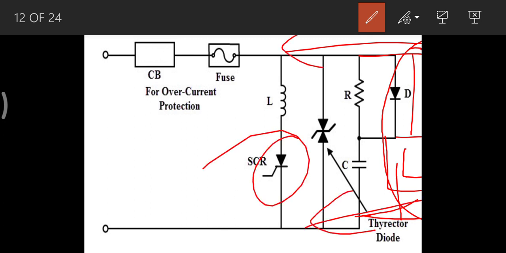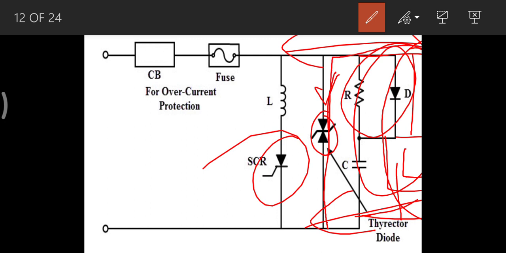Because if a high voltage is generated on this side, this thyrector diode provides a low resistive path. Because basically it has the nature of falling resistance with increasing high voltage. So if high voltages are generated, this provides the path for these high voltages. So automatically this SCR will be protected by this snubber circuit.